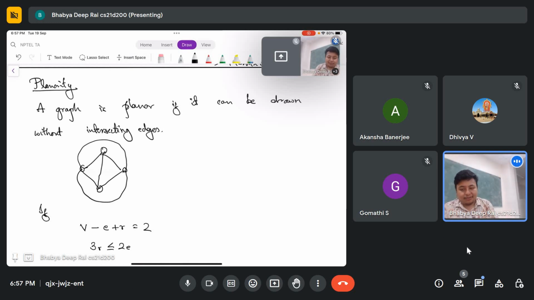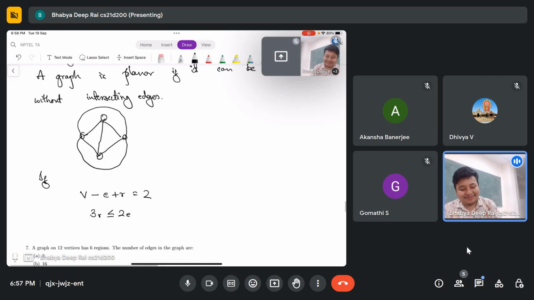But now, if I put a, okay, yeah, this is still planar. But an example of a non-planar graph would be something like this. So this going to this.